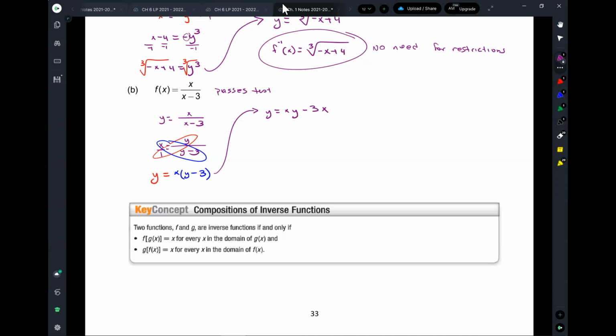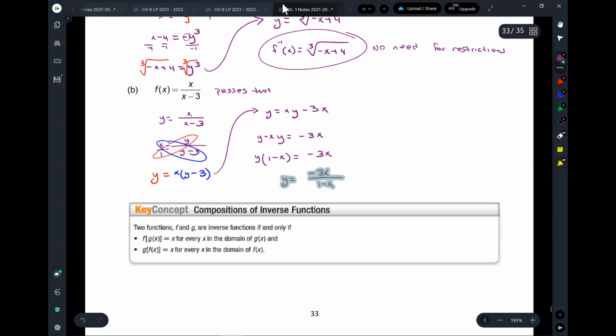Okay, I'm going to bring everything with the y to the same side. So y minus xy is equal to negative 3x. Factor out a y first. Okay. So y is negative 3x over 1 minus x.